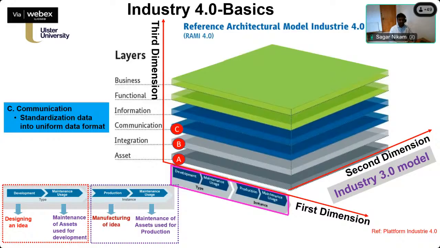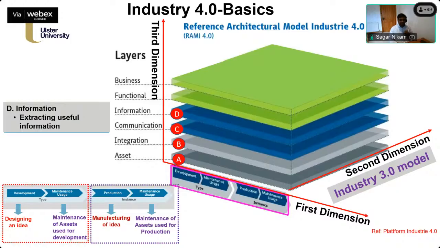We have the assets, and we are integrating them with sensors, but it's also important that we communicate whatever information we are getting from the assets. Communication is industrial IoT, whether wireless or through other ways of communication. So communication is the communication of information from assets, integrating those assets with the different layers.